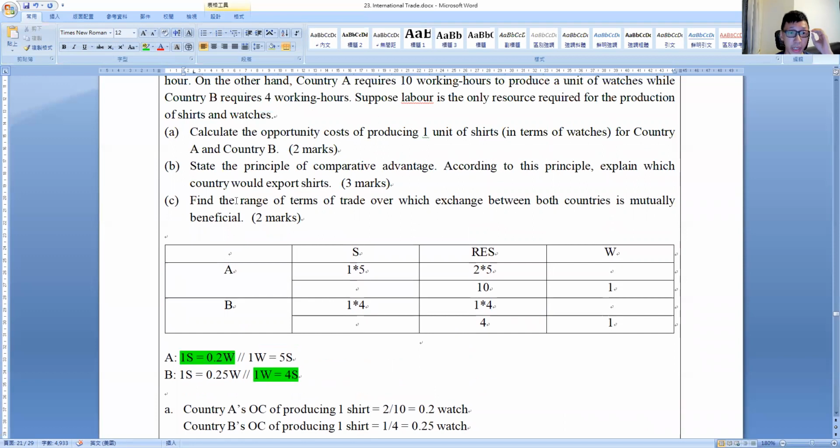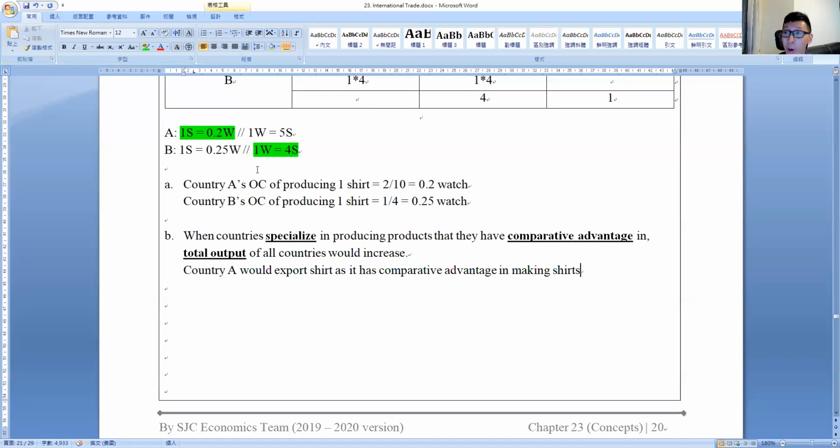And finally, for C, find the range of terms of trade over which would be mutually beneficial. We already have the answer. Just remember, the presentation is like this. You can write either 1S or 1W, both are fine, but remember the way we present would be 0.2 watch, then sandwiching 1S, and 0.25 watch. Or another possible answer would be 4S, 1W, 5S.